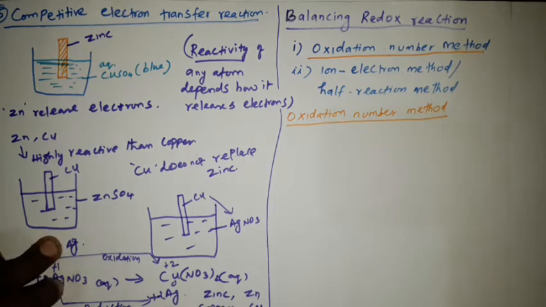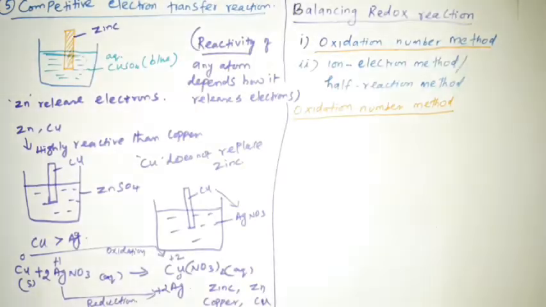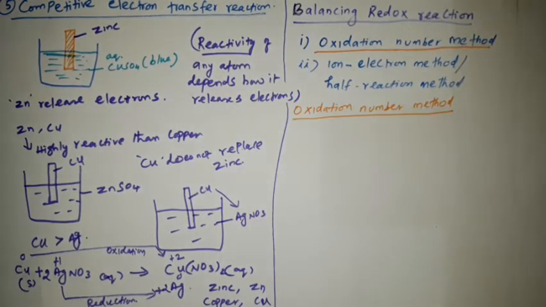So the balancing of chemical reactions is very easy. I will explain 8 rules. Follow the 8 rules and you can easily balance the chemical equations. In this method, I will write 8 steps.